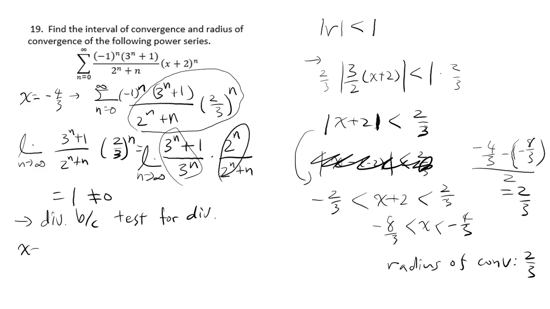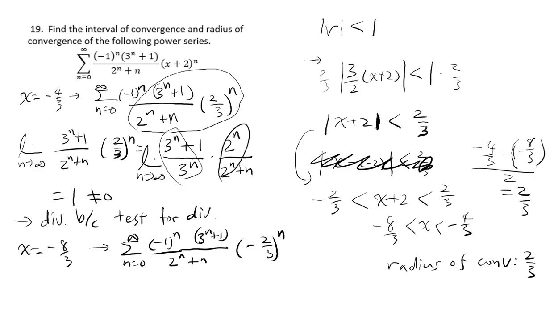And then for x equals negative 8/3, if you replace x by negative 8/3 and simplify here, you're going to get negative 2/3.